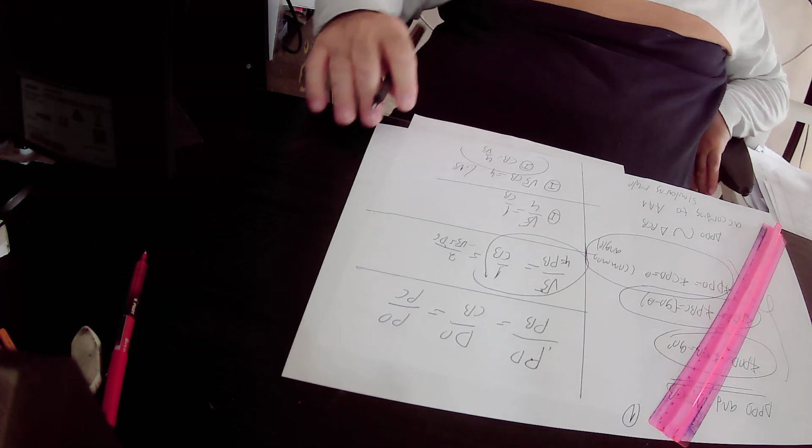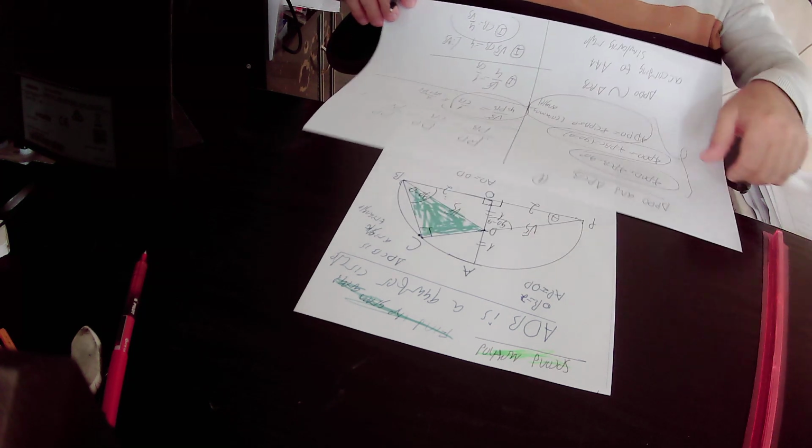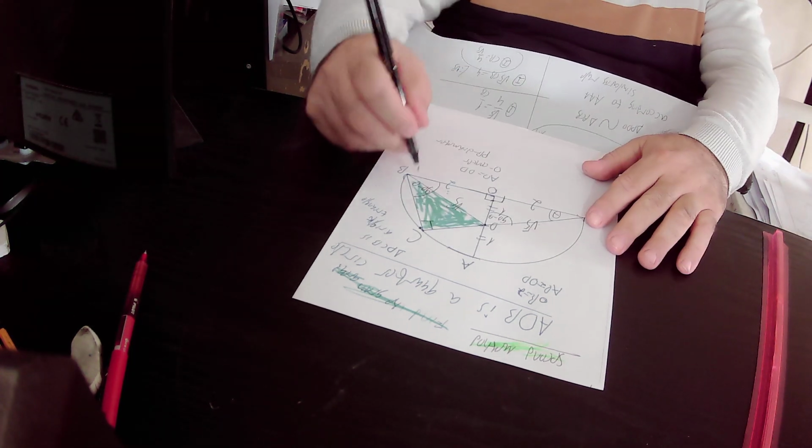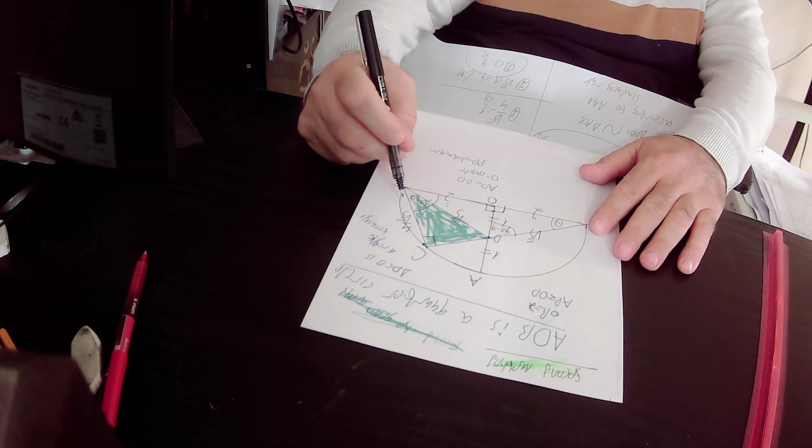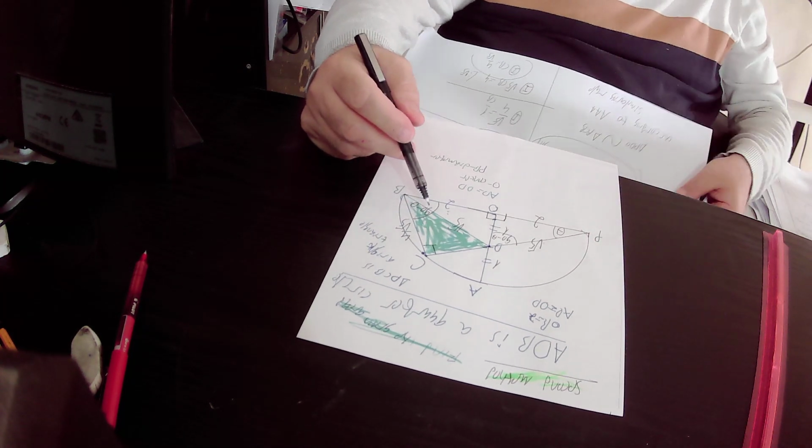So if we know that CB equals 4 over square root of 5, in the next step we will implement the Pythagoras theorem on the right blue triangle, triangle DCB.